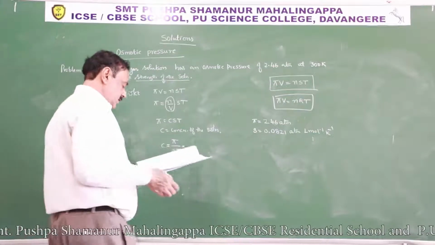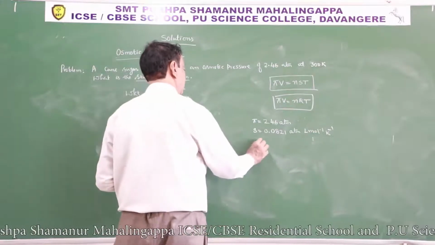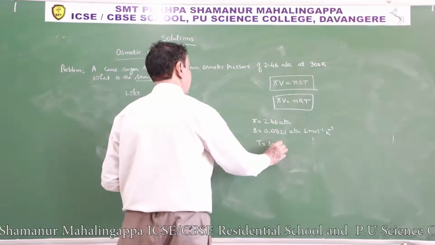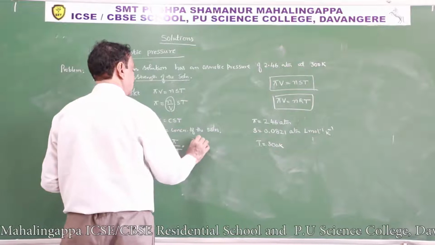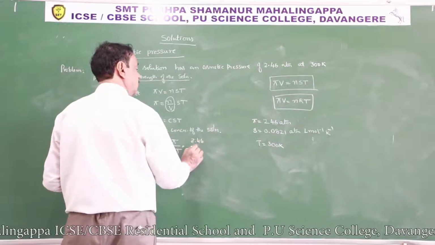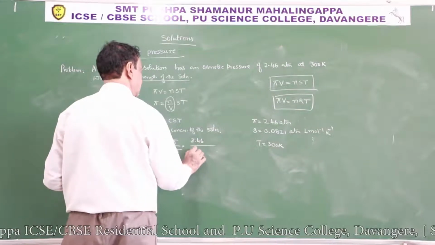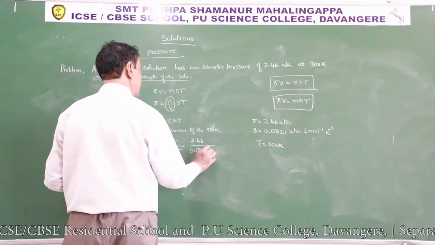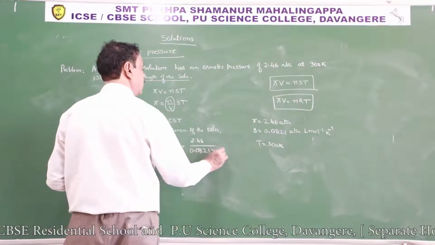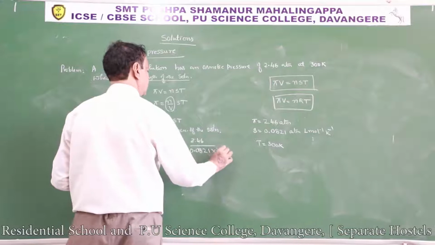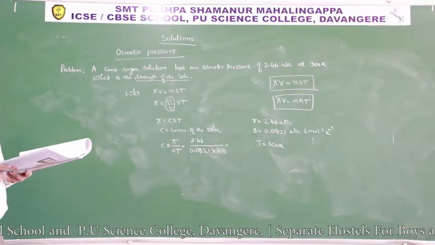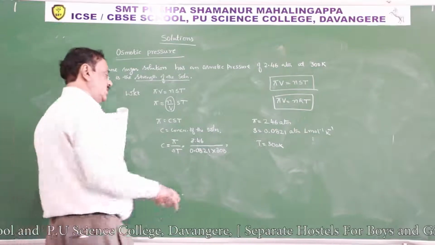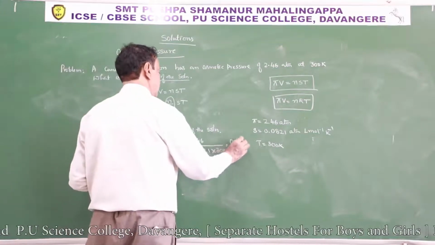Now T is given as 300 Kelvin. Substituting the values, that is 2.46 divided by 0.0821 into 300. On simplification, it comes to 0.1.